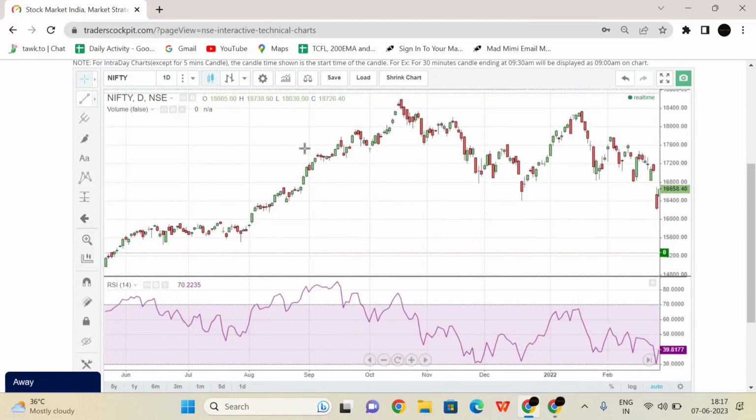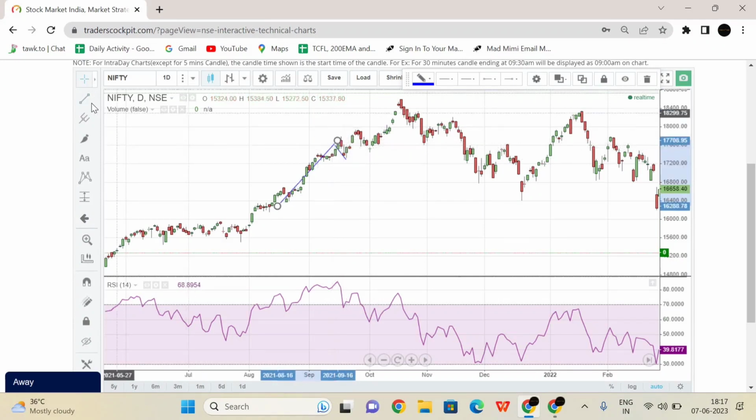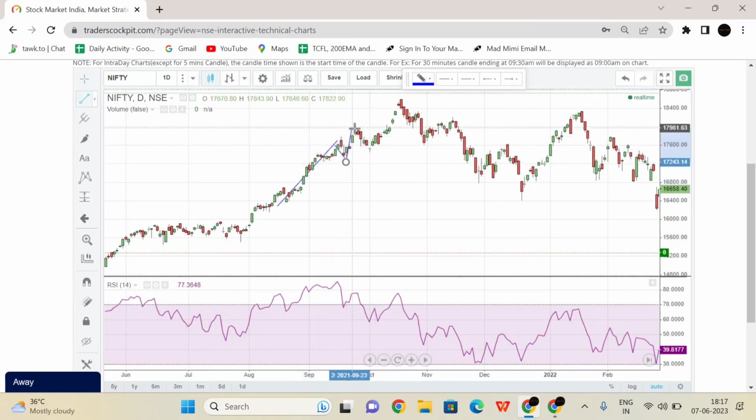Here, if you observe, price was making a higher high. See, this is a higher high. Again it's making another higher high. So price is making higher high, higher low, and again another higher high. Here again it made a higher low, and again a higher high.